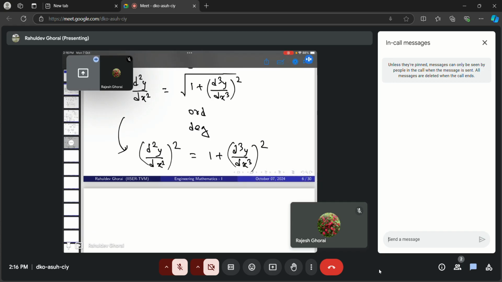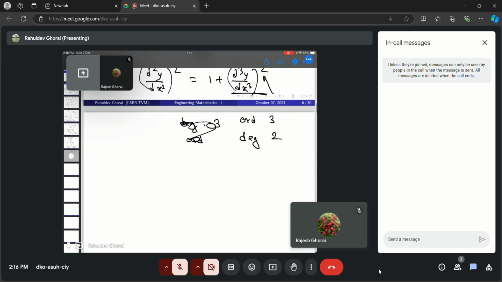Now you know the degree and order. The order is 3, and the degree is the exponent to which the highest order derivative occurs, so it will be 2, right? It is one of your assignment questions, so you can do it like this.